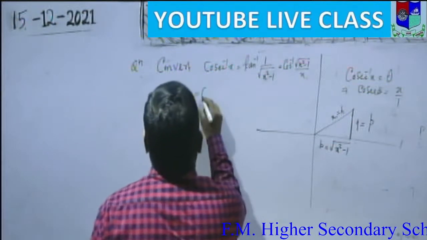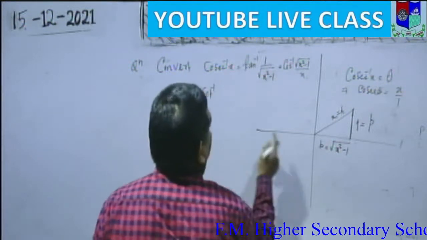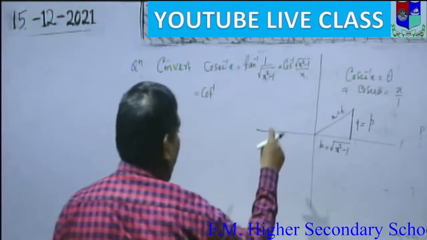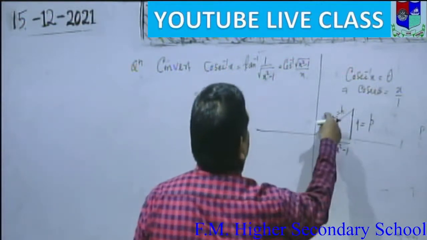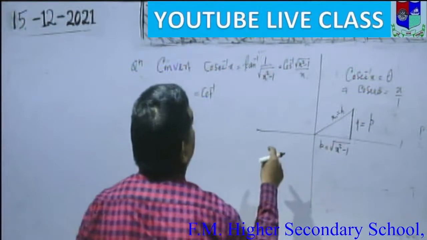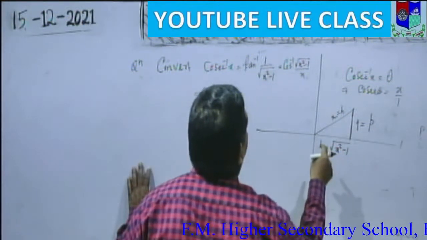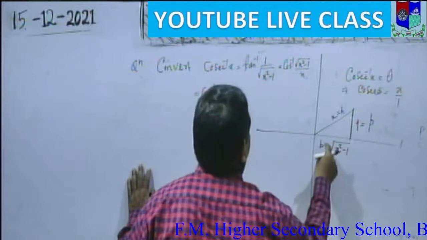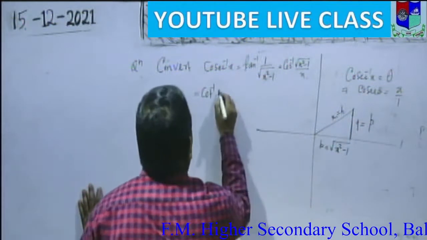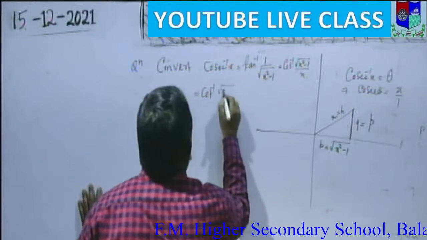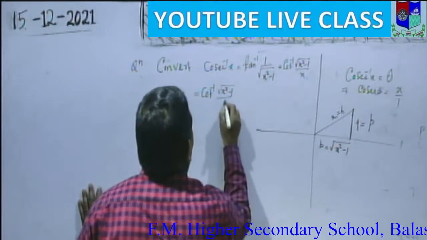Your cot inverse is b by p. Cot inverse b by p. B is your x square minus 1 by 1.